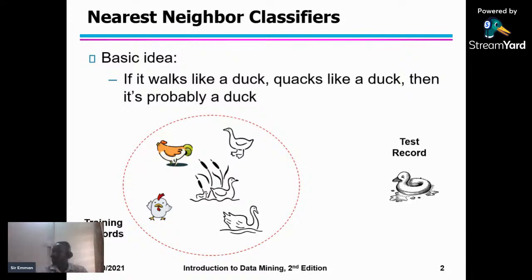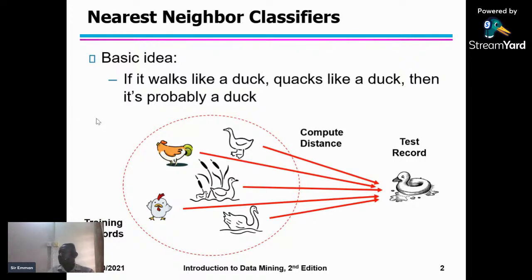So you see that in a circle there are training records, and the training records constitute several objects. What happens is that we compare the various training records to our test record, right? So we compute the distance between the training records and our test record, using mostly the Euclidean algorithm.